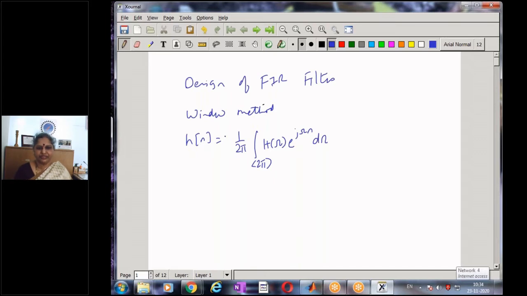So this was our first step. Given any frequency response H(omega), we evaluated this integral, getting h(n). This h(n) was of infinite duration, and we truncated it using suitable window functions. These window functions extended from minus M to plus M, and finally we got a filter of length 2M plus 1.